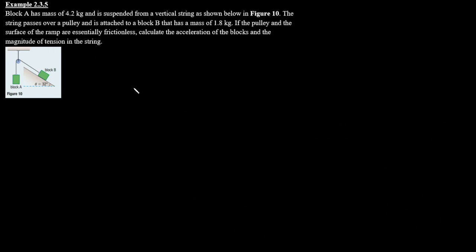Okay, so the first thing we need to look at is I'm going to draw a free body diagram of both our blocks. Okay, so block A is 4.2 kilograms, and block B sits on an inclined plane. Sorry, that's a terrible line.